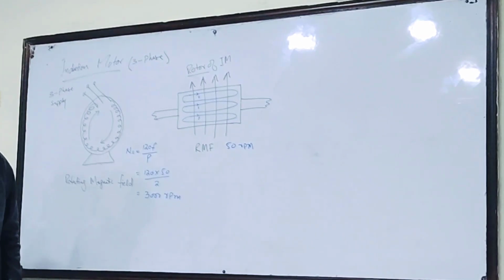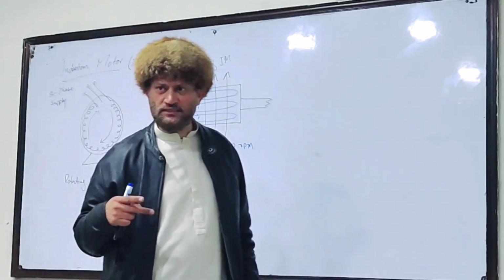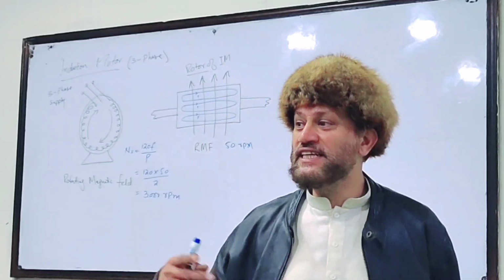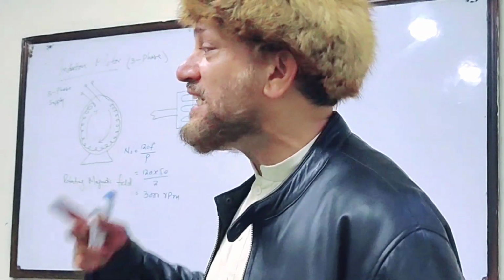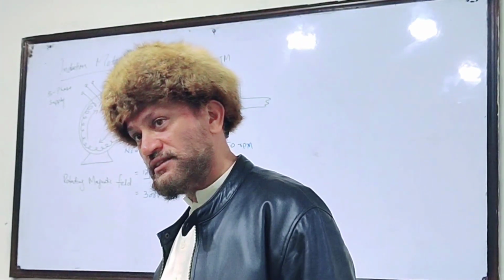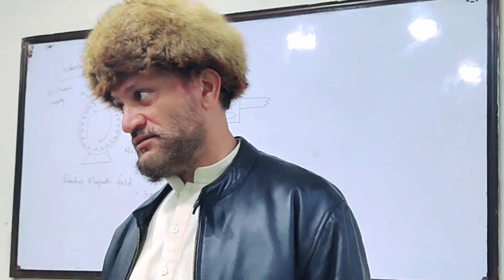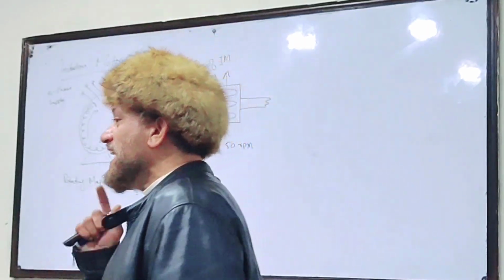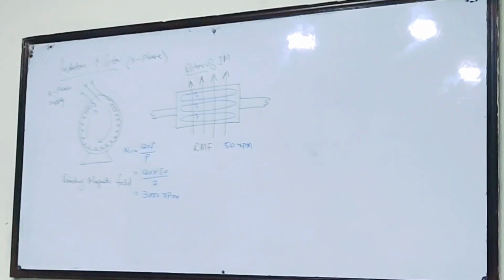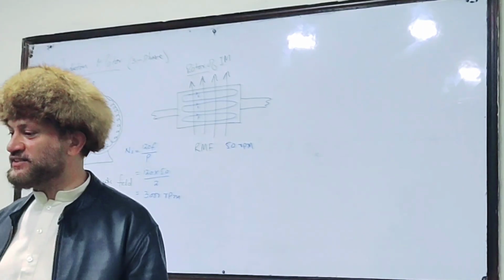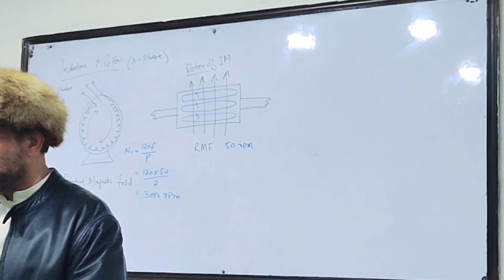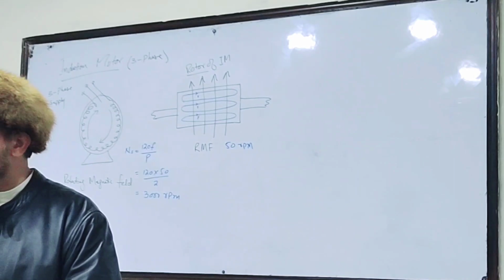The rotor is rotating at 50 revolutions per minute, and the rotating magnetic field is rotating at 3000 revolutions per minute in the same direction. What will be the relative speed of these two, the rotating magnetic field and the rotor? Do you know the relative speed?